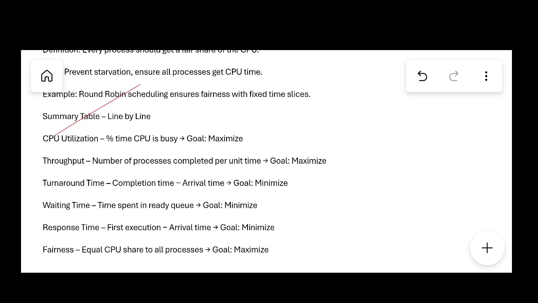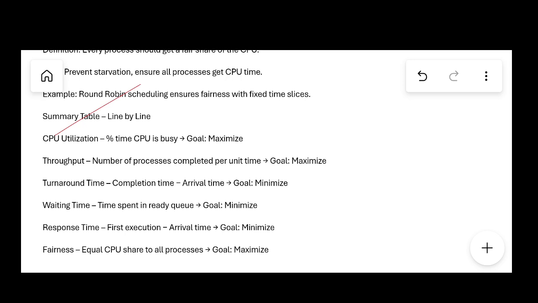Then turnaround time, completion minus arrival, minimize. Then waiting time, time in ready queue, minimize. Then response time, first execution minus arrival time, minimize. Then fairness, CPU shares to all processes, maximize.